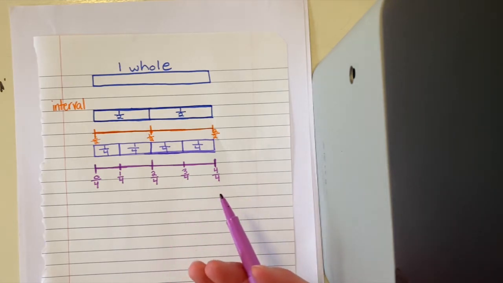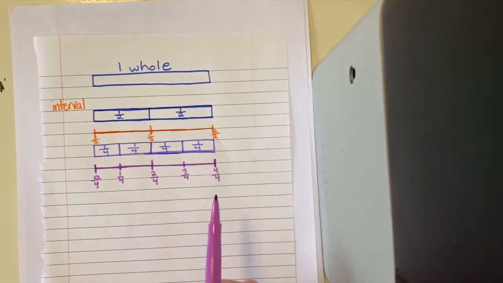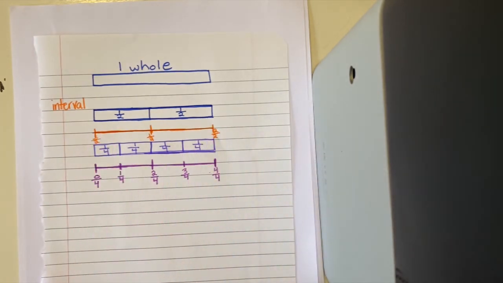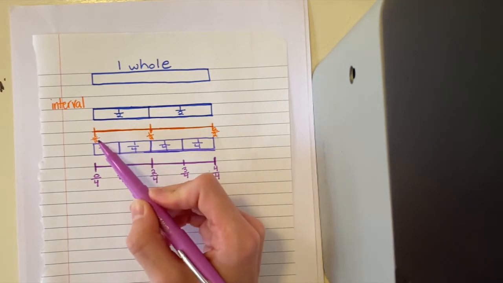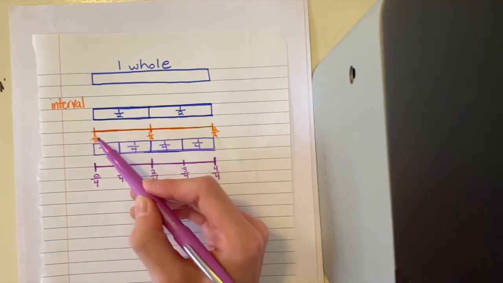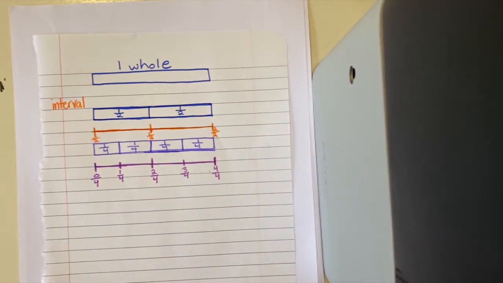Can you see any equivalent fractions from this number line and this number line? Which ones do you see? Well, we talked about the zeros in the numerator, 0 halves, 0/4.